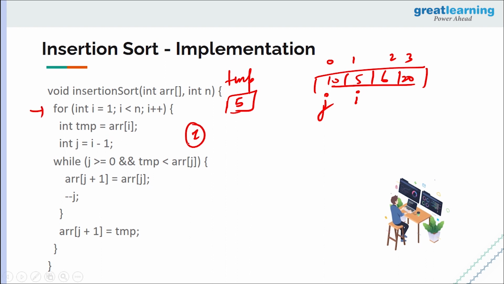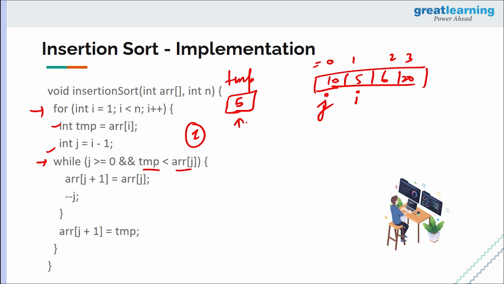Now let's talk about the first iteration. What happens in that first iteration? We talked about these pointers, right? Now we are checking if j is greater than or equal to 0. Yes, this time around, it is equal to 0. Why we are checking this, you will understand in a bit. Now, we are also checking that tmp should be less than ARR of j.